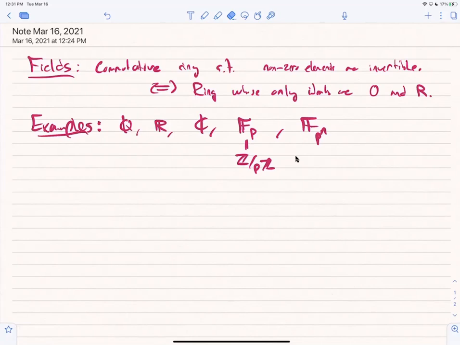Someone wrote matrix groups. So matrix groups are not fields for two reasons. One, matrix groups are not commutative, and two, if I look at the ring of all n by n matrices, and when I did this if and only if, I should have said commutative ring. Sorry about that. Can't have helped.